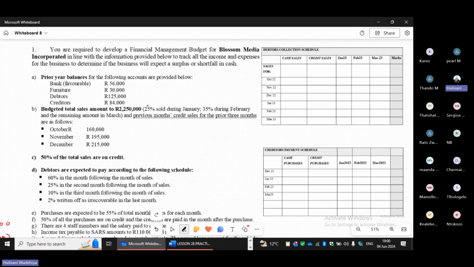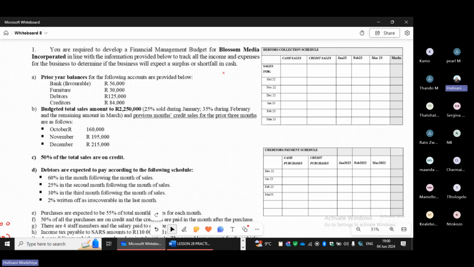So let's start with the cash budget. Here it says that you are required to develop a financial management budget for Blossom Media Incorporated in line with the information provided below, to track all the income and expenses for the business and determine if the business will expect a surplus or a shortfall in cash. The main aim of preparing a budget is to forecast future goals and see if the company will have a surplus or a shortfall.